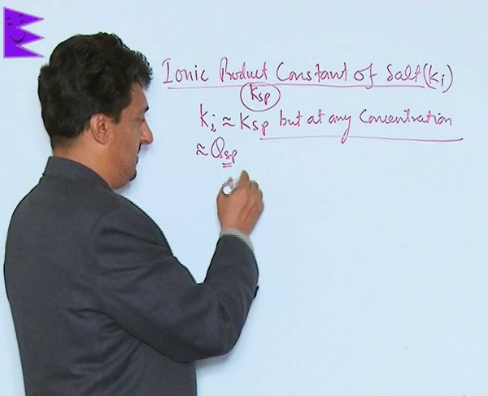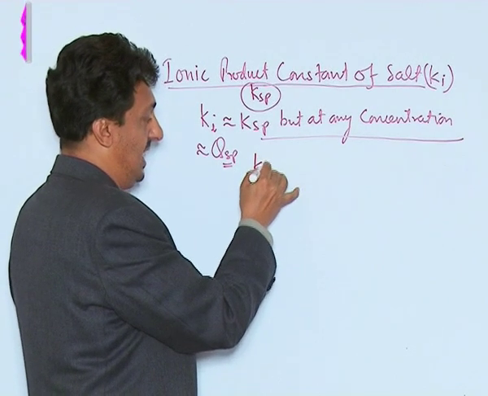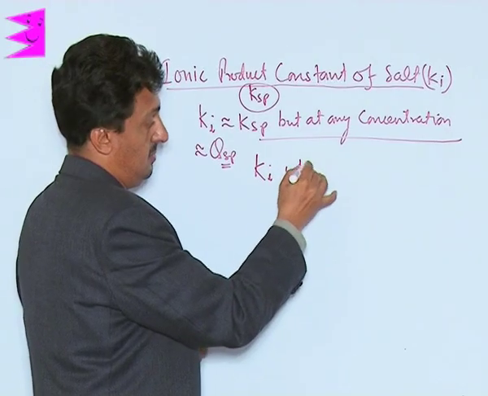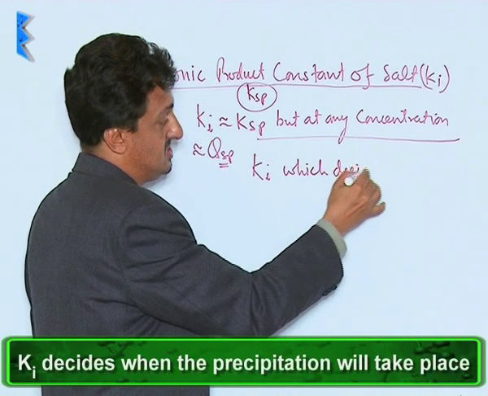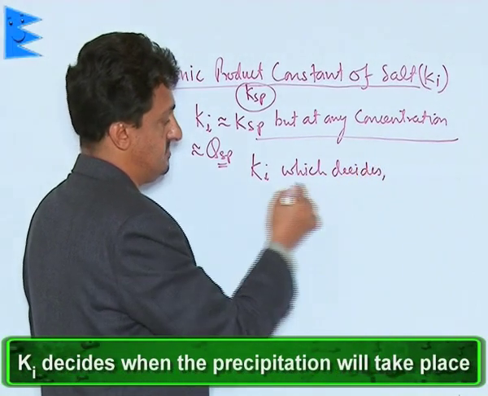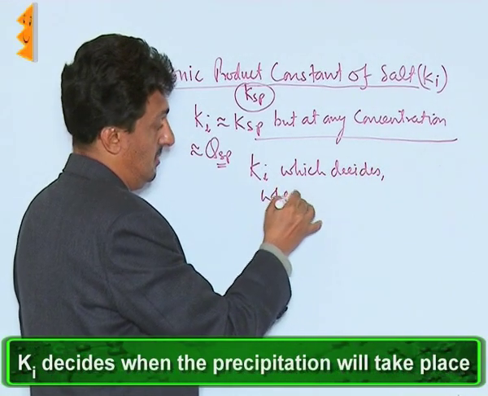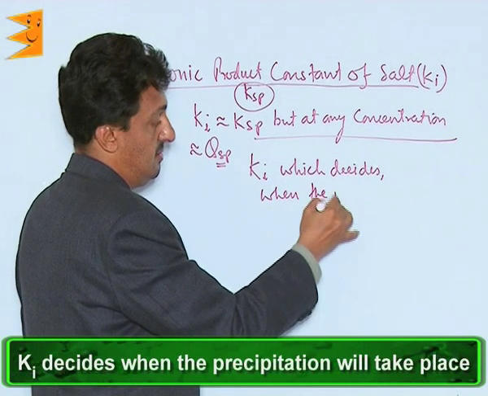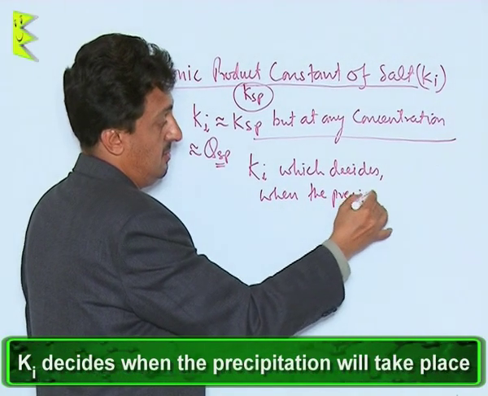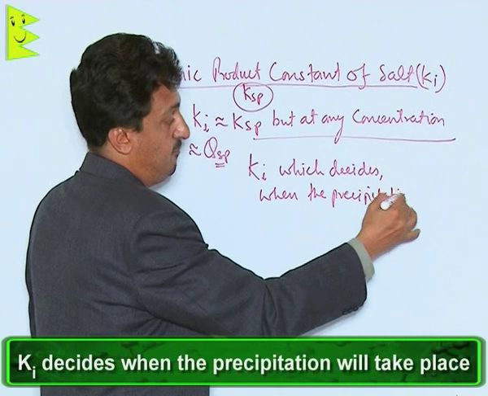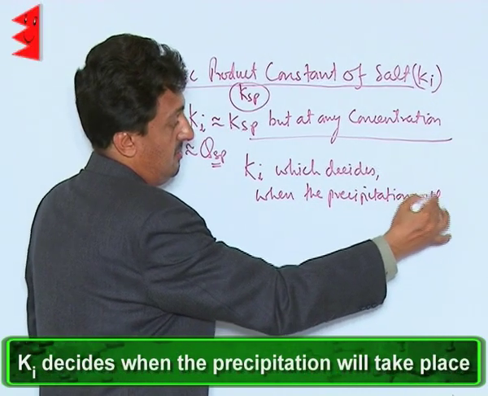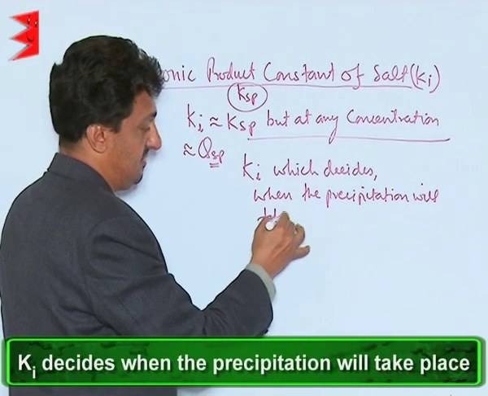Now therefore, it is the Ki which decides when the precipitation will take place.